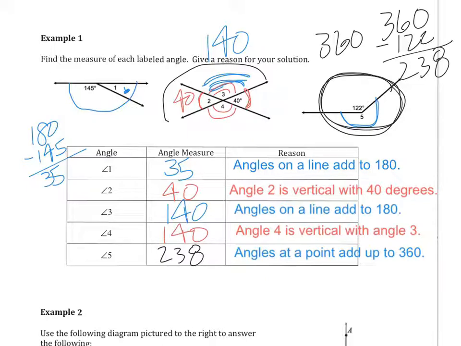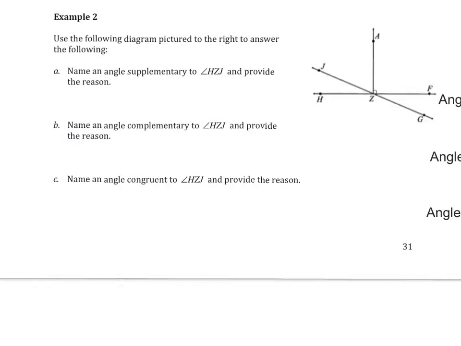Okay, so moving on, we're going to go to example 2. It's on the bottom for you. It says name an angle that is supplementary to HZJ. Now we haven't talked about this yet, but if I am looking for angle HZJ, I am going to follow this right here.